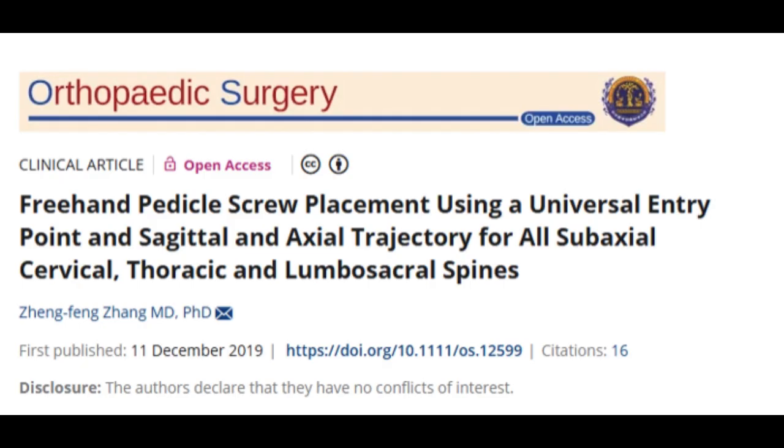So this is another paper, freehand screw placement using a universal entry point, universal sagittal and axial trajectories for all three: subaxial cervical spine, thoracic spine and lumbosacral spine. This is also an interesting paper. They say that the superior articular facet can be a guide for entry point and trajectories for all the levels.